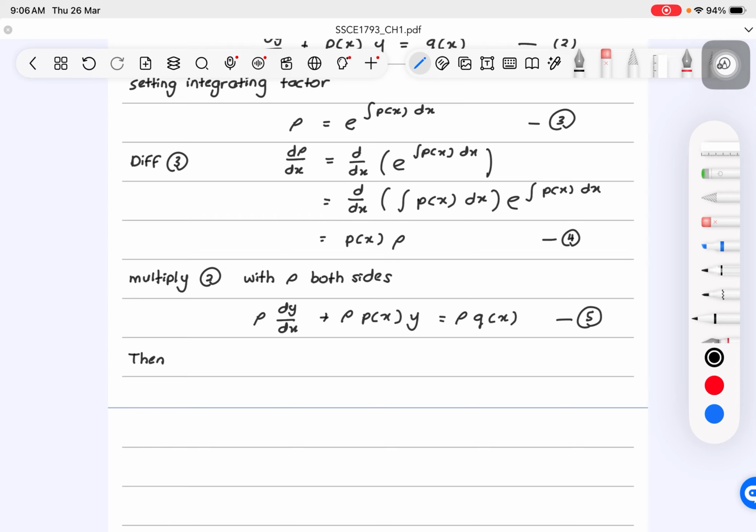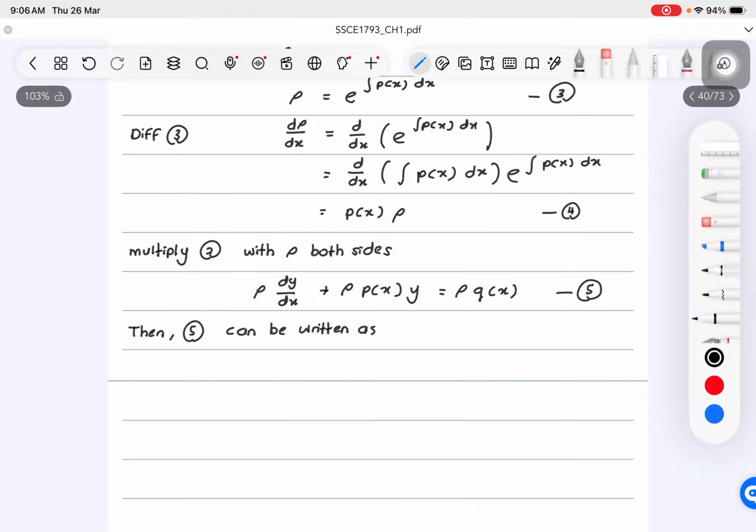Then this can be written as d dx of rho y is equal to rho q(x).